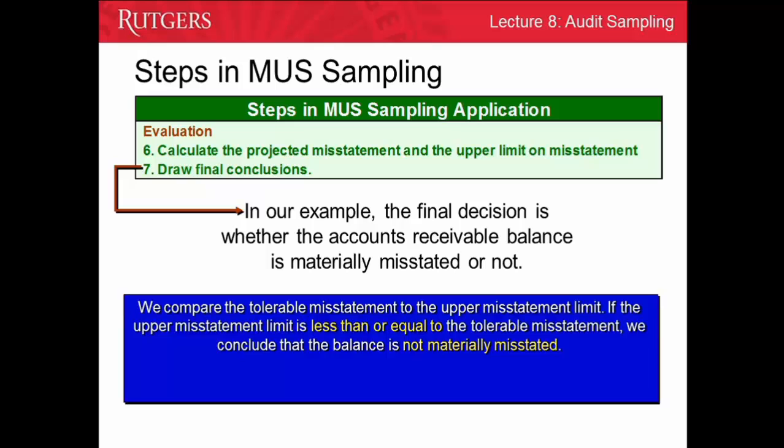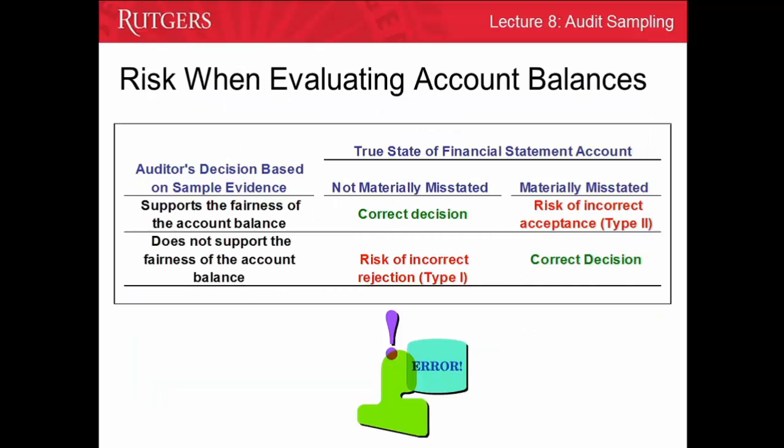If the client adjusts the account by $25,621, then the UML will be equal to the tolerable misstatement at a 5% risk of incorrect acceptance. Finally, if the client refuses to adjust the account, the auditor would issue a qualified or adverse opinion. But this situation would be extremely rare.